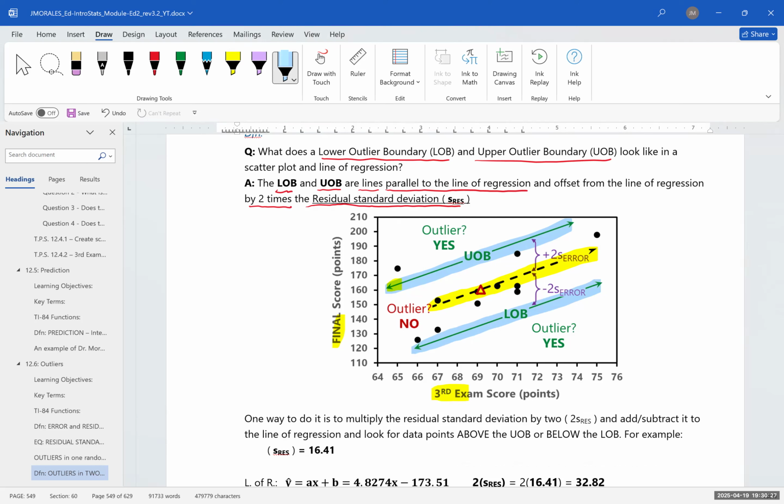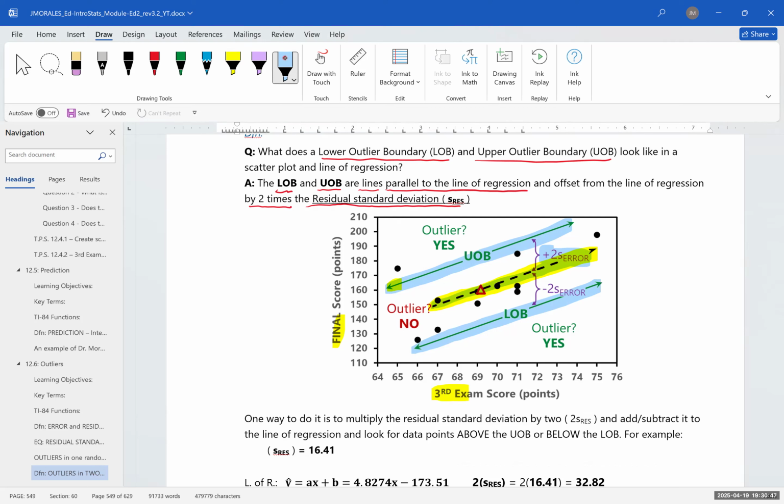And notice those two boundaries are parallel to the line of regression here. They're parallel, and their distance from the line of regression is 2 times the standard deviation of the error.